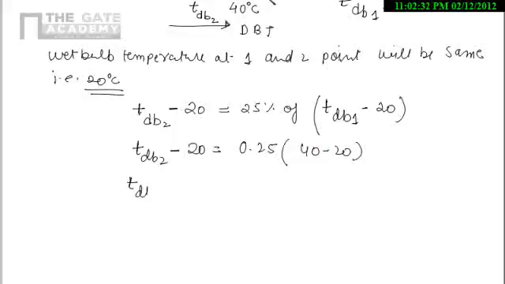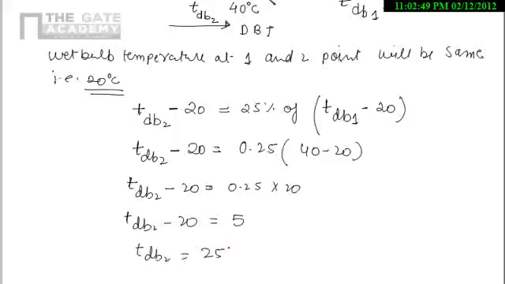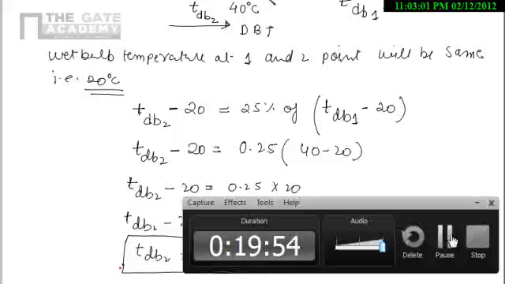So T dB2 minus 20 equals 0.25 into 20, which is 5. So T dB2 equals 25 degrees centigrade. So the correct answer, the dry bulb temperature at exit, will be 25 degrees centigrade.